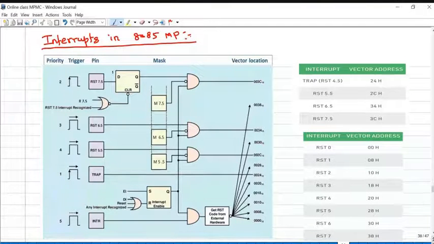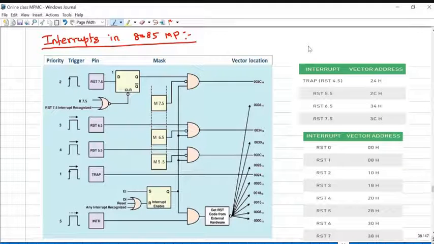Yes, while I was teaching the instruction set, I told you about the enable interrupt, disable interrupt, RIM instruction, SIM instruction. These four instructions are related to interrupt handling. So we will discuss the functions of those four interrupt related instructions also. Okay. So interrupts in the 8085 microprocessor.